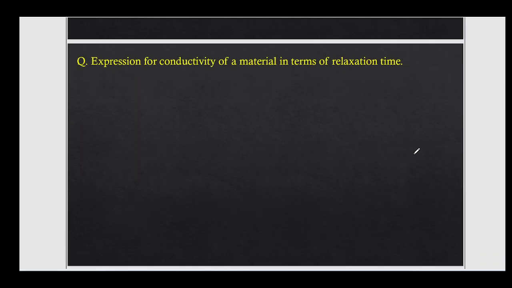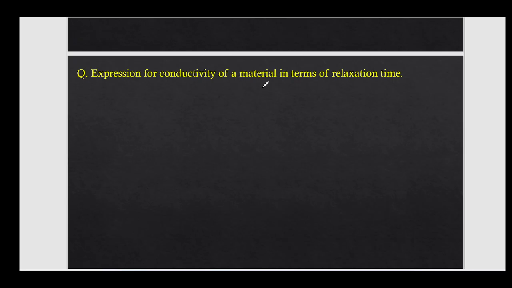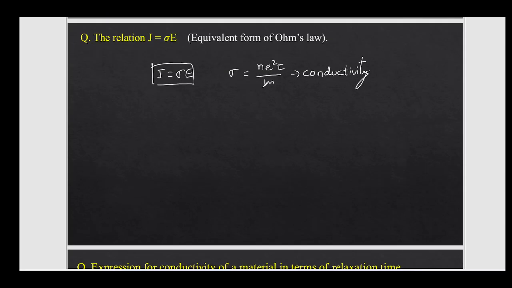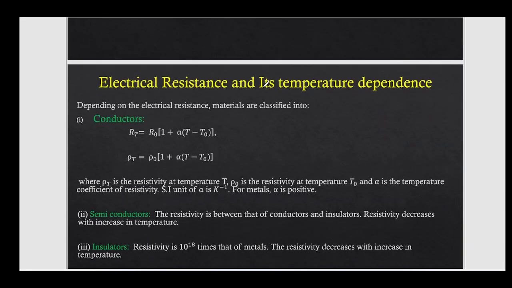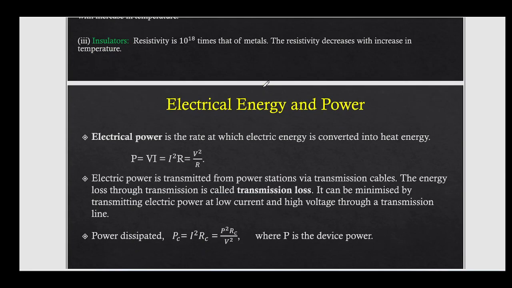Then we have the expression for conductivity of a material in terms of relaxation time. So sigma is equal to Ne square tau by m. So this is also done.